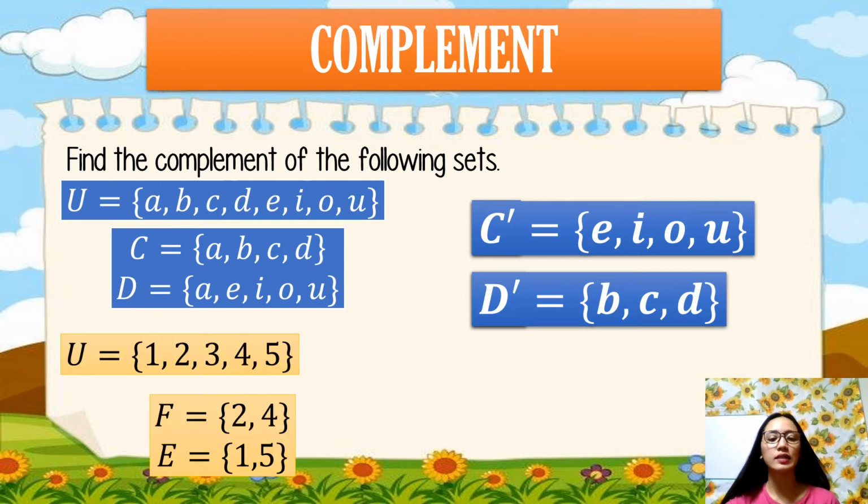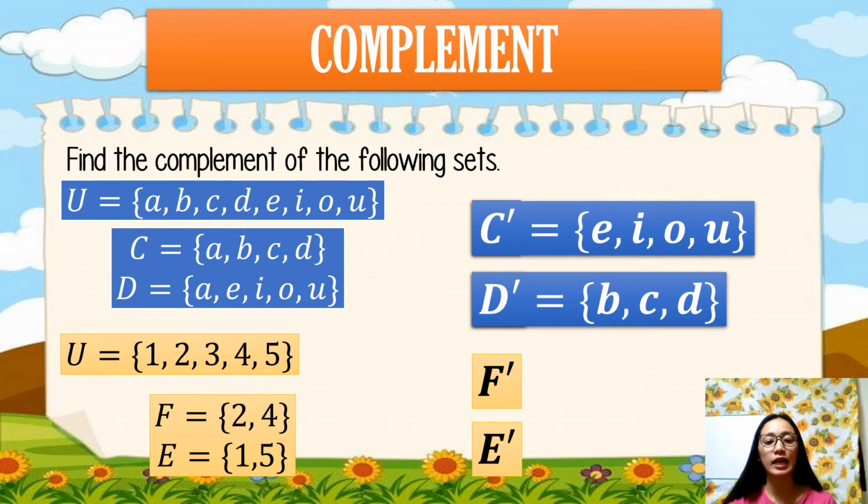Next example. Our universal set will be 1, 2, 3, 4, and 5. Set F, we have 2 and 4. Set E, we have 1 and 5. If you are going to get the complement of set F, again, when you say complement, it is all elements in the universal set that are not in the given set.